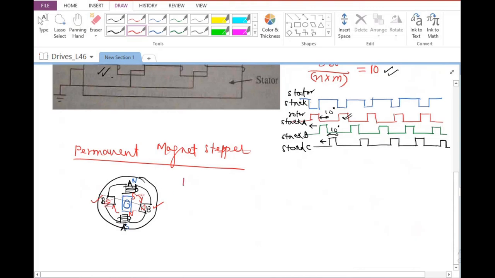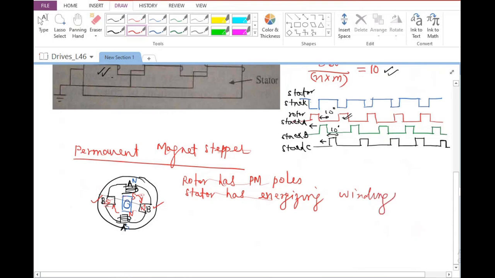So the rotor has permanent magnet poles, whereas the stator has energizing windings. Here, depending upon the direction of current, this will become a North Pole and this will become a South Pole. Or if I change the direction of current, this can become a North Pole and this a South Pole, due to which the rotor will start rotating in the counterclockwise direction.